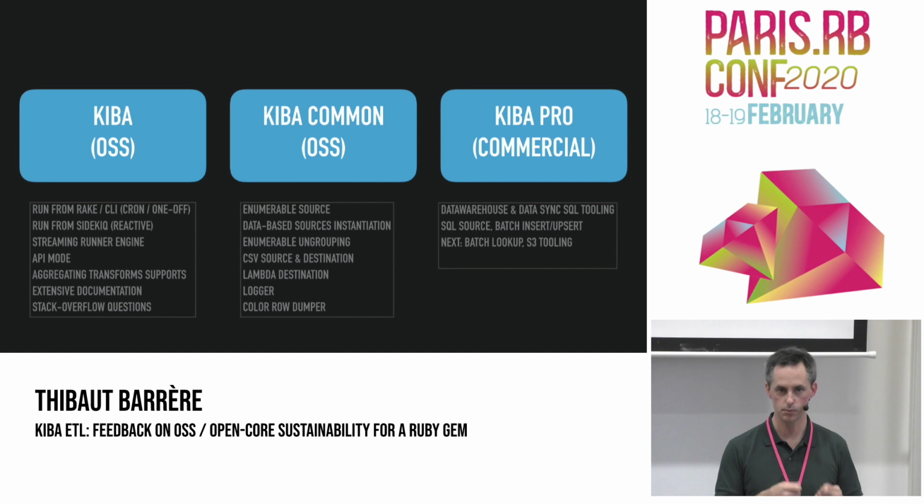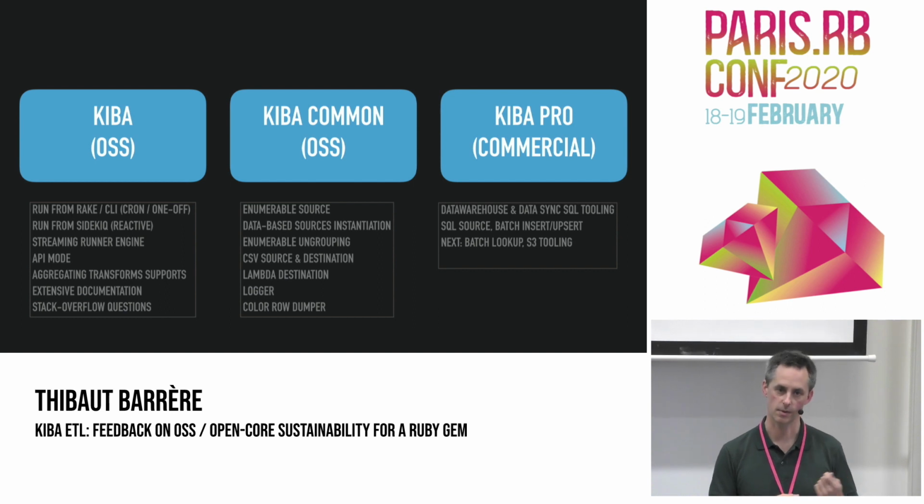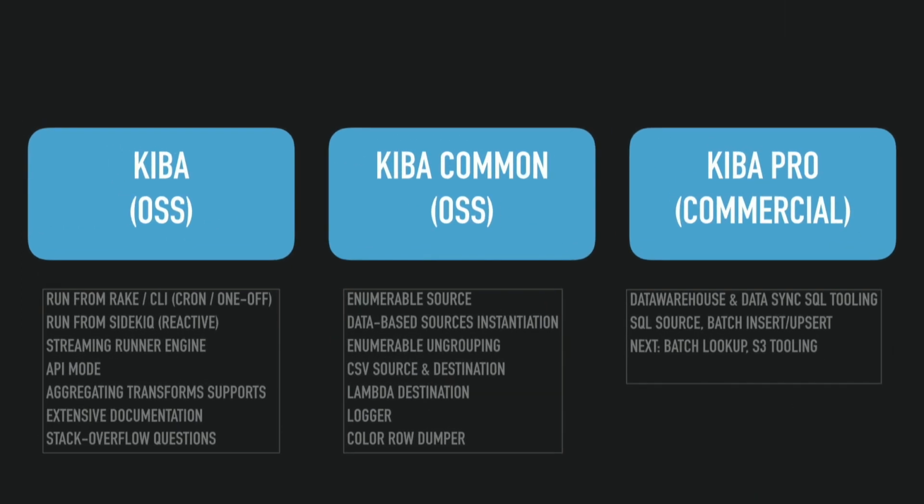And so this means that the situation currently is this one. I've been able to improve the open source version because I'm at V3. Even if it's not a huge project, I have been able to rewrite the whole documentation based on what I learned implementing data pipelines for clients, and to pour more effort into a sister project, Kiba Common, which is low maintenance for me, with components that are convenient to use for the user.